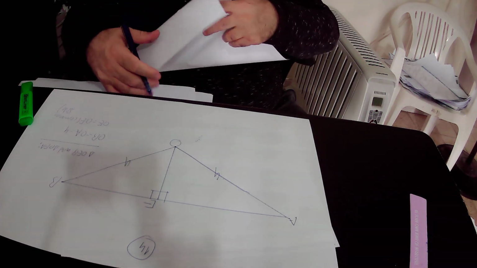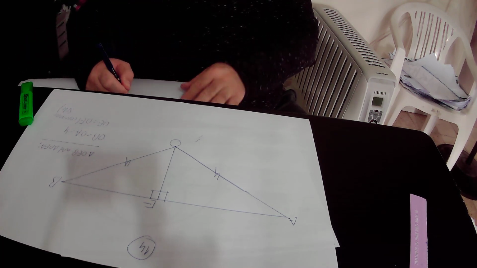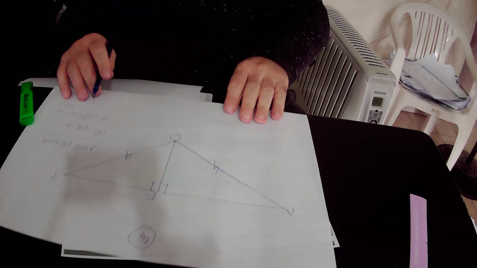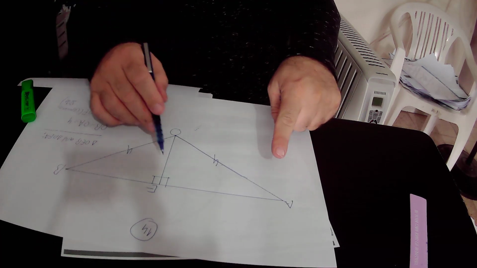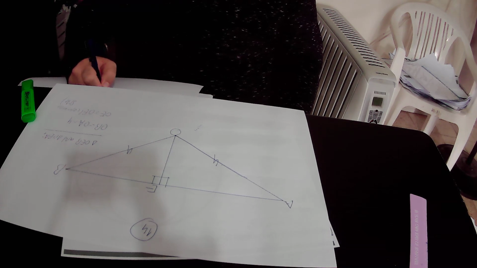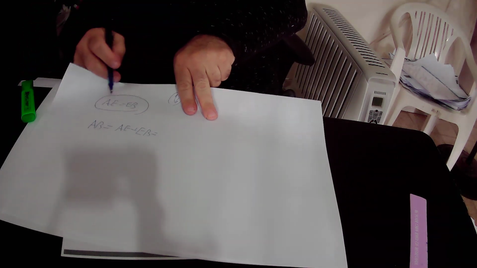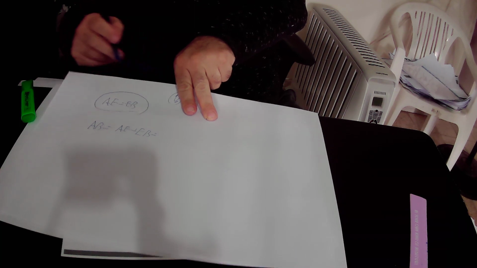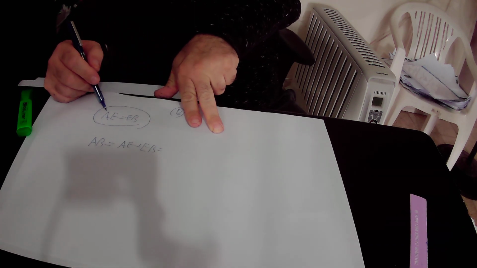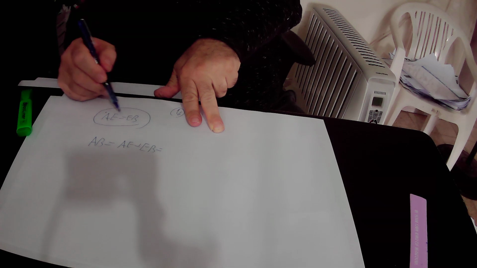But what is the value of AB? You can see from the drawing that AB equals AE plus EB. According to the drawing, AB equals AE plus EB, but we have already proved that AE equals EB, so we can substitute AE here by EB.